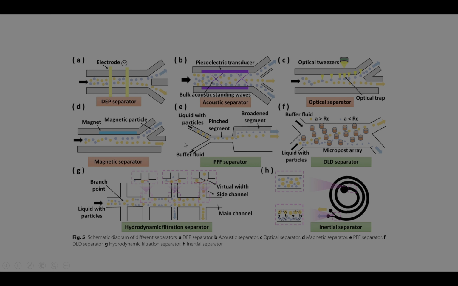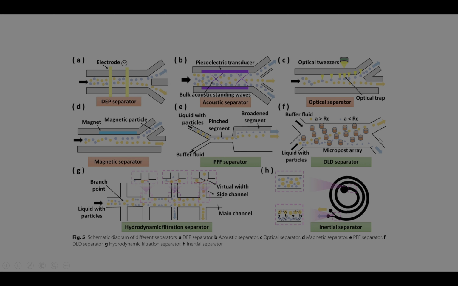Another is the EFF separator, where the liquid particles will mix with the buffer fluid, and the pinch segment and the broadened segment allow it to suddenly expand to a bigger area, bigger volume, and then it will separate easily.